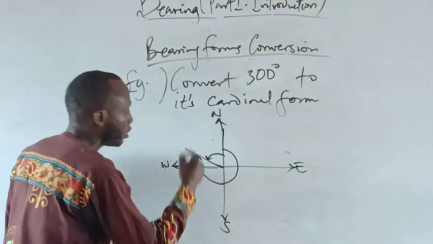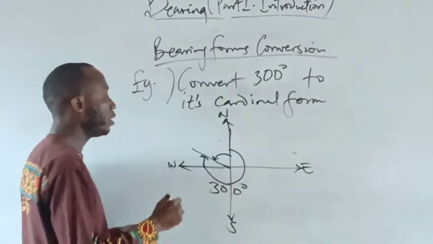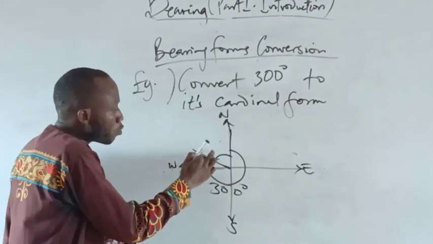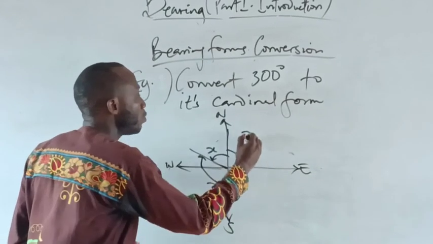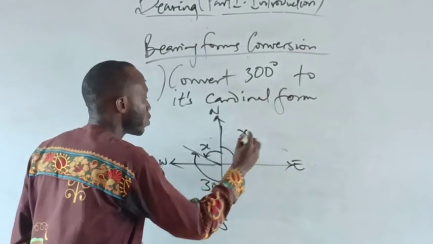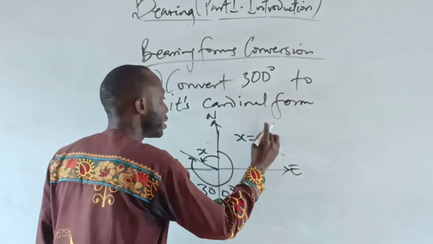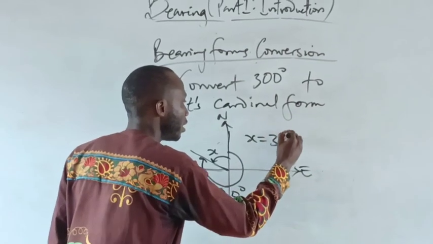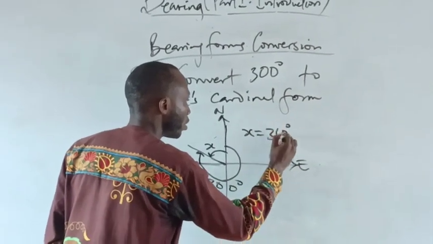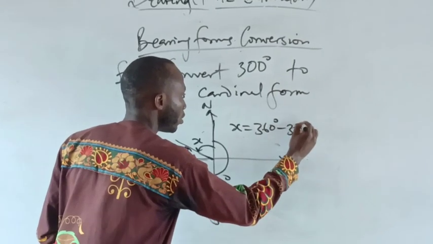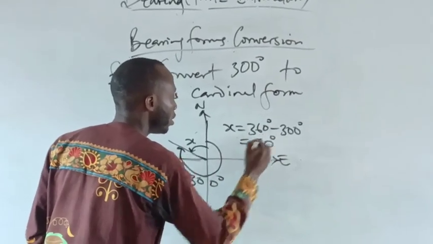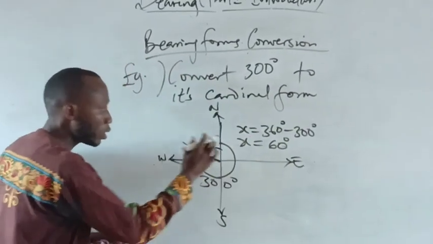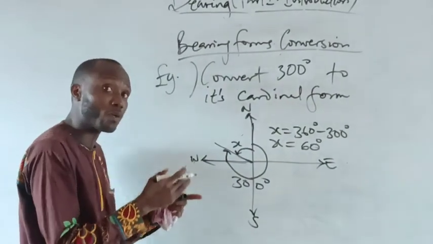So if from here to here is 300 degrees, what is this small angle here? Let me call it x. Angles at a point will be equal to what? 360 minus 300, which is what? 60 degrees. So that's what this small angle is. So our acute angle is very important.